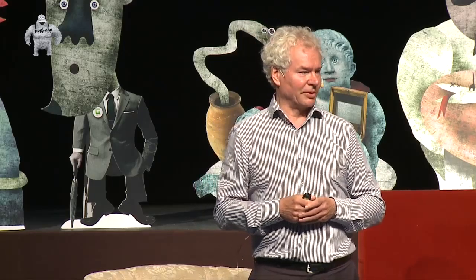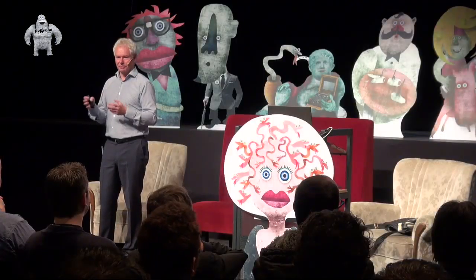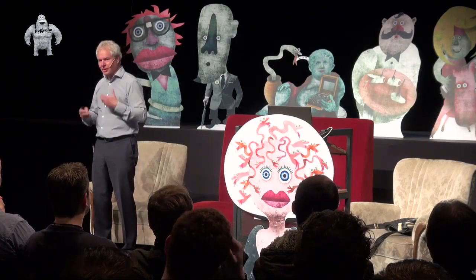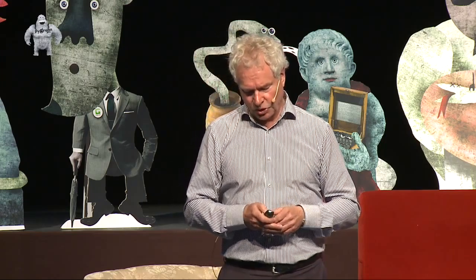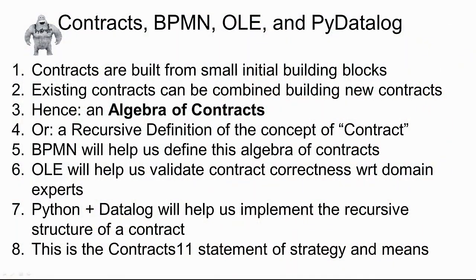Nowadays, like we already talked about the notary, there's always an in-between party that we need in order to draw up a contract. What we want to do is provide automatic means for drawing up contracts in a peer-to-peer network. So we're just starting now to realize that dream. How do we do it? Well, we do it using BPMN, OLE, and Python. Our basic idea is that contracts are built up from small initial building blocks, and from these building blocks we can use certain combinators.